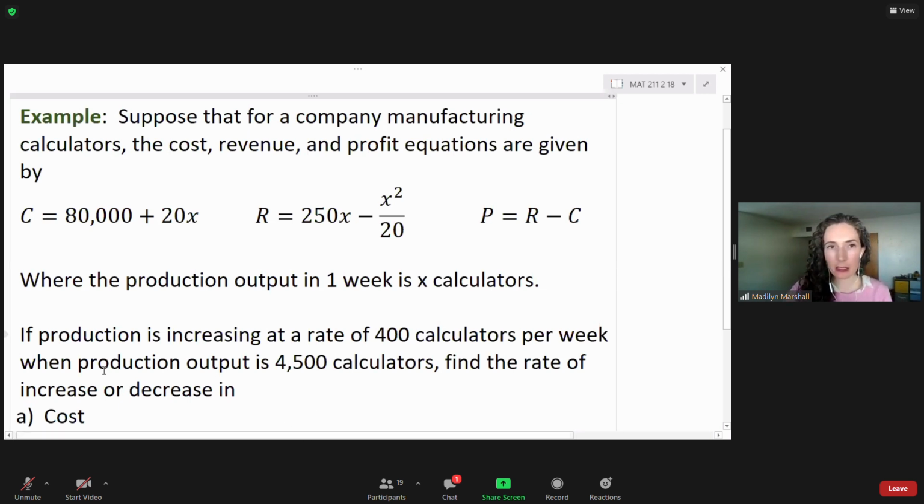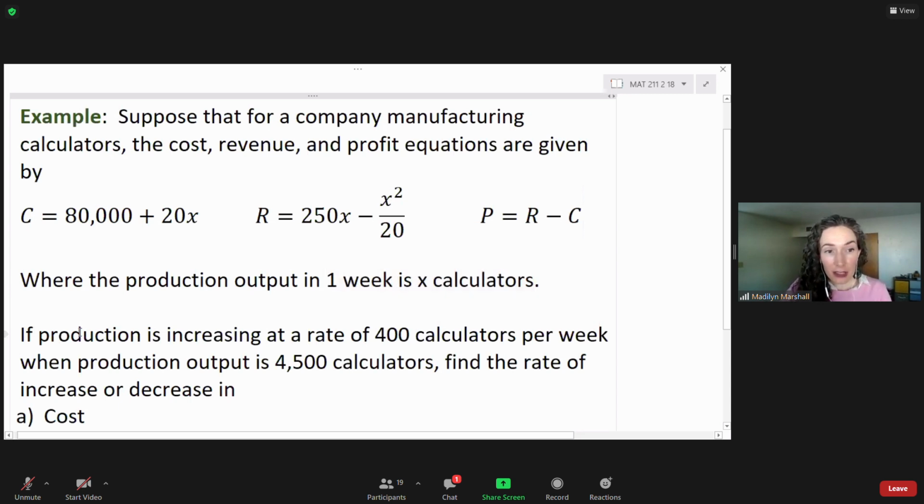Okay, so let's start to look at this. A company manufacturing calculators, the cost, revenue, and profit equations are given by these three things. As long as we know cost and revenue, profit is always just revenue minus cost. Production output in one week is x calculators, so we're producing x calculators per week.